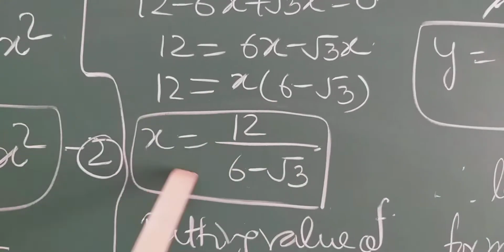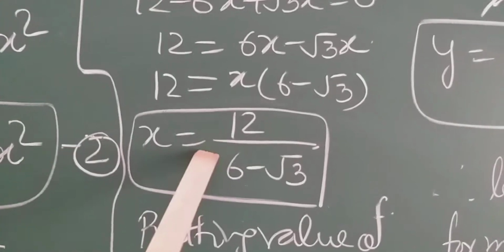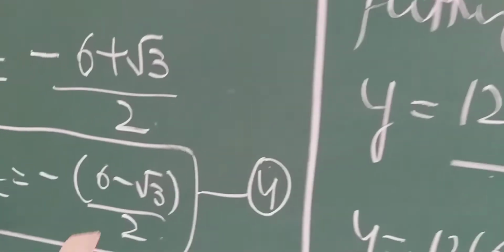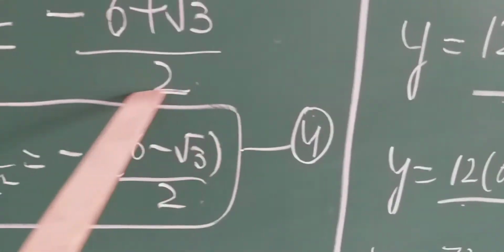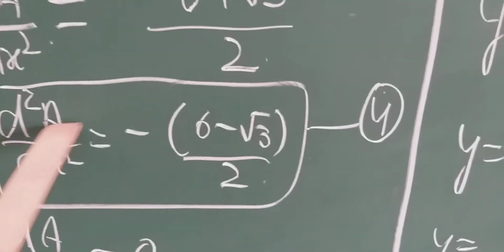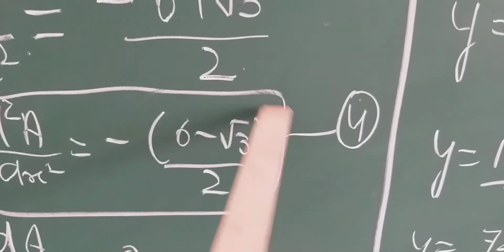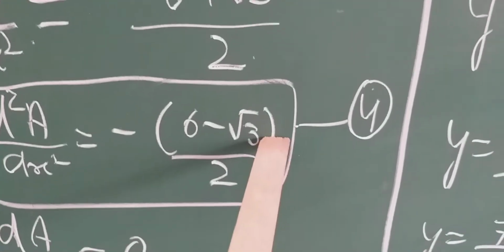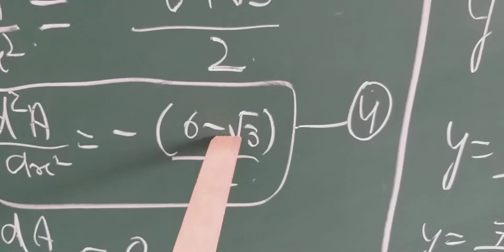To check whether this is the point of maxima or minima, we have to put this value in the second order derivative, equation number 4. But students, you can see there is no x. It means we cannot put the value of x here.